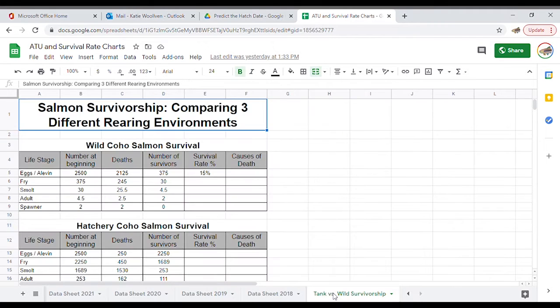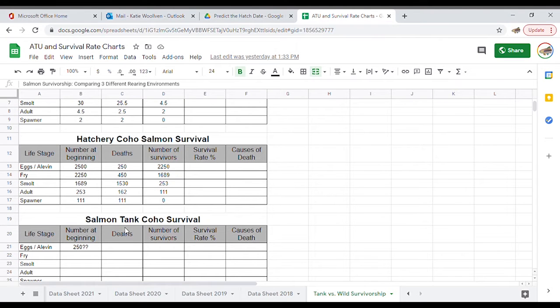Also at the bottom here is a chart that compares the survival rate in different rearing environments. So wild versus hatchery versus in our tank.